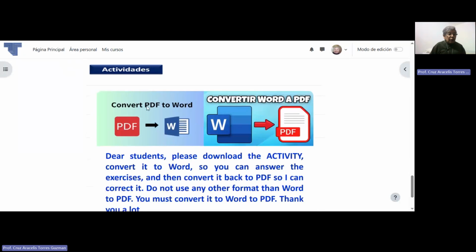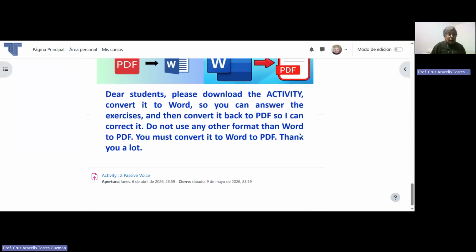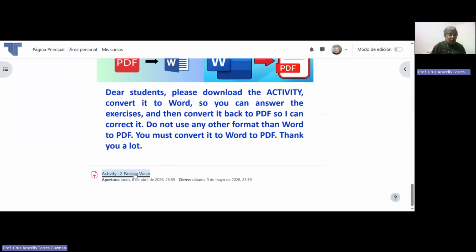And here is the activity. You have to convert the activity that is in PDF into Word. Do the activity, and when you finish, convert your activity from Word back into PDF. Okay? Here it is.